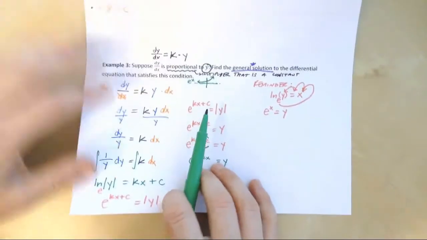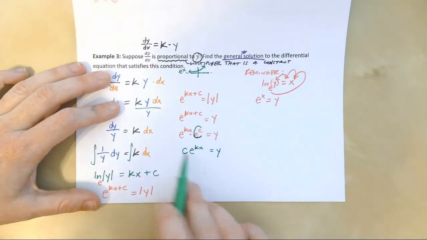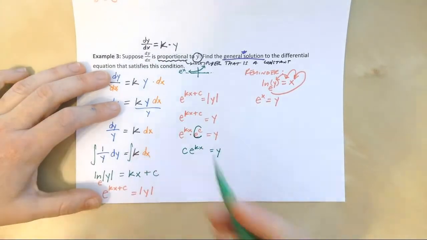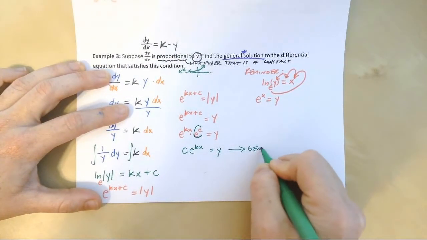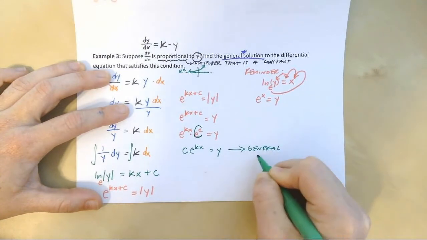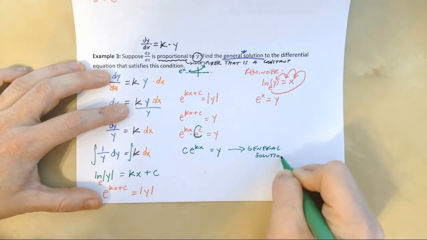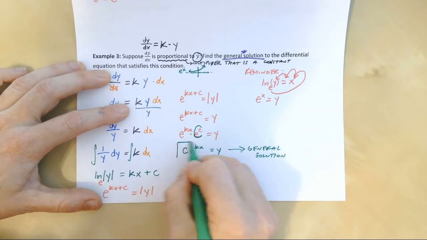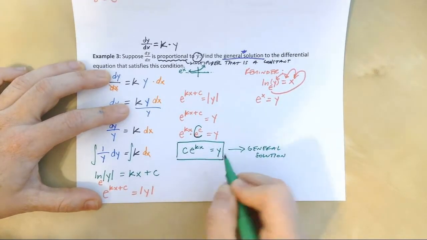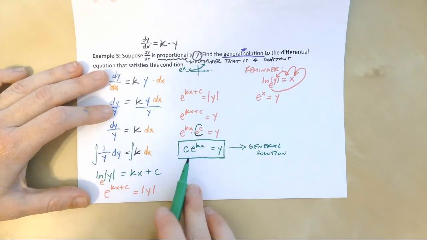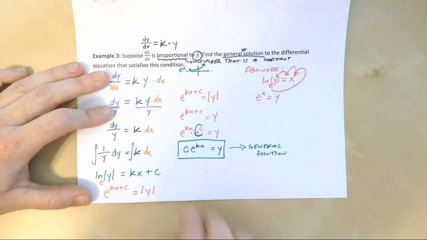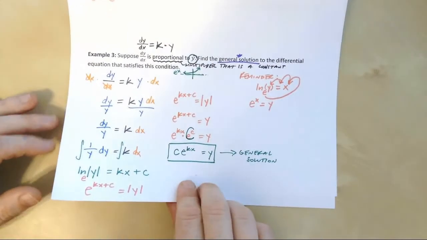So in general, this is our general solution. You are allowed to have C in your general solution. In the particular solution, we would have found C. And we'll have an example in a second. Okay, cool. We're almost done, y'all.